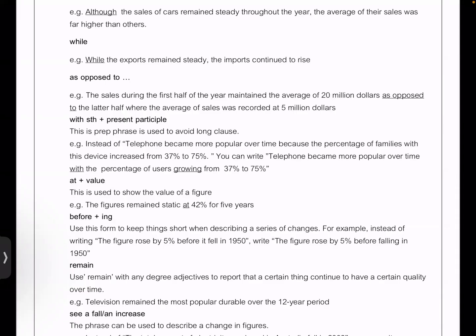So when they have two opposite actions, two opposite behaviors, as opposed to is quite useful because it allows you not to state the obvious. For example, the sales during the first half of the year maintained the average of $20 million as opposed to the latter half. So when you say as opposed to the latter half, that means the second half of the year, the sales was not 20, it was far below that, right? It's way below that.